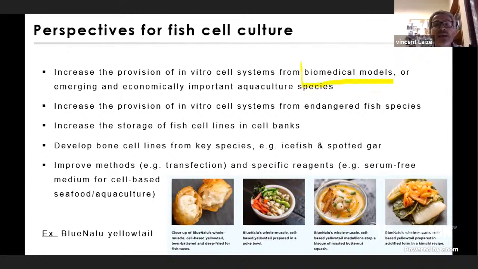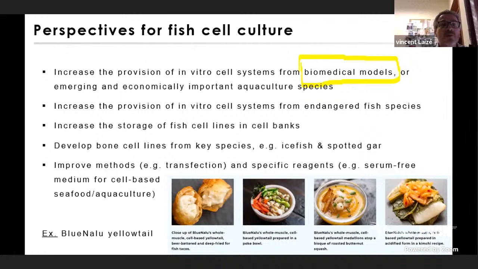There are still very few cell lines from fish that are used as biomedical models for human disease. And very few cell lines, and also the tissues that are at the origin of these cell lines, are not very diverse. So we should make an effort to increase the provision of in vitro cell systems for these biomedical models.